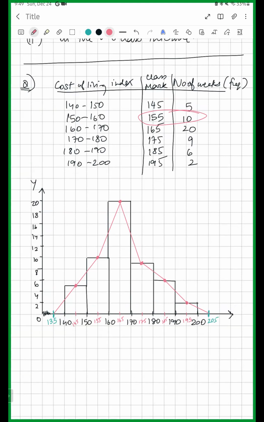Please note this down quickly. I haven't written the x-axis and y-axis labels. You can write that on your own. Cost of living index, number of weeks. Okay, let me just write it.